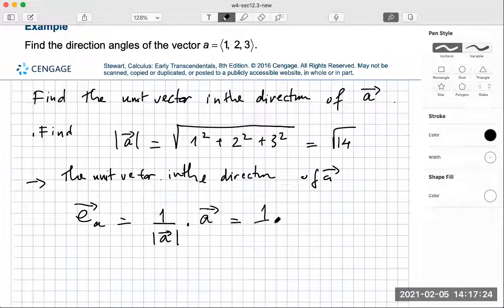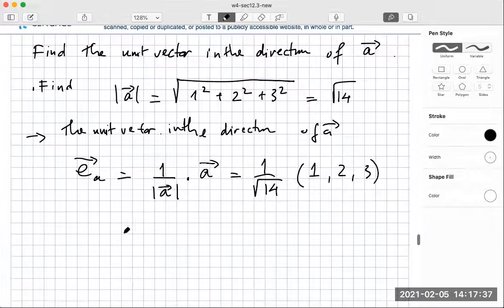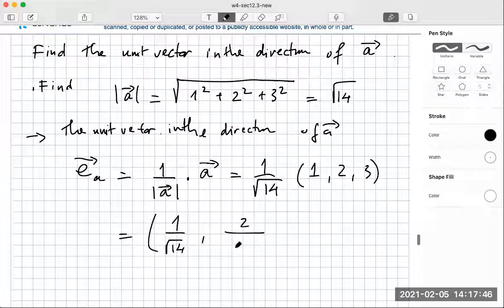It will be 1 over square root of 14 times 1, 2, and 3. Or we can write it as 1 over square root of 14 for the x coordinate. What is the y coordinate? Yes, very good.